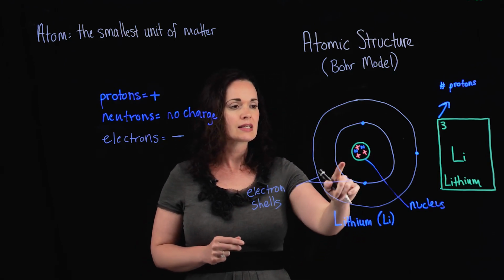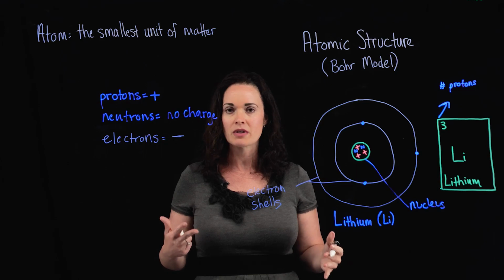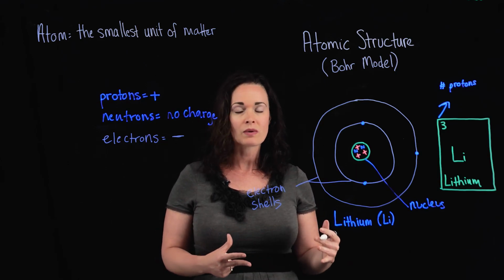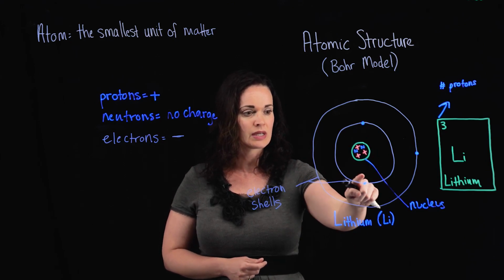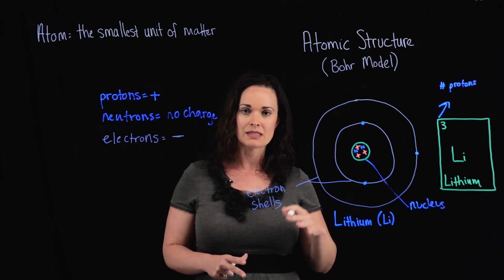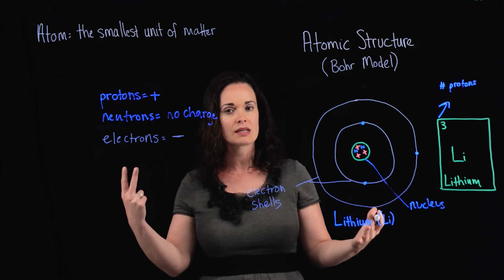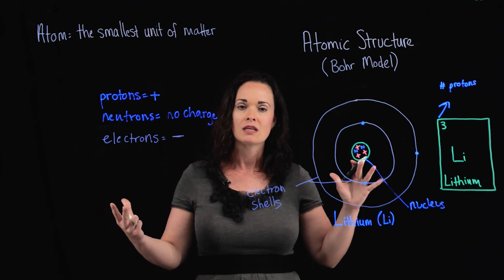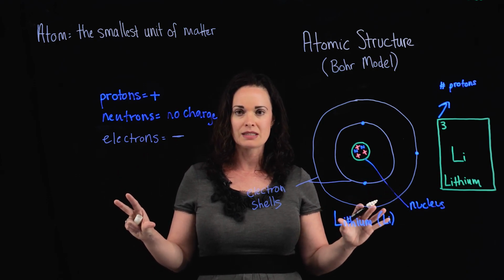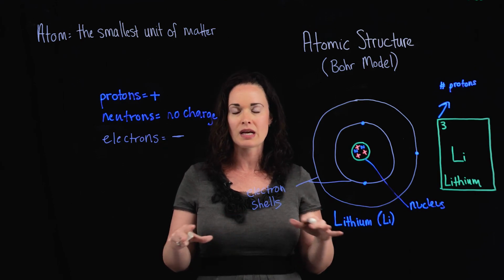So, we talked about lithium and its atomic number. The number of protons or positive charges in the nucleus is 3. What I want you to notice is it also has 1, 2, 3 electrons. So what we see with atoms is they always have equal numbers of protons and electrons. So there's equal positive charges and negative charges, and that means that an atom overall is going to have a neutral charge.